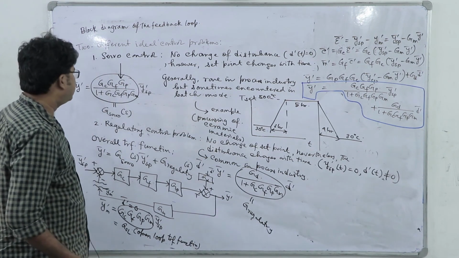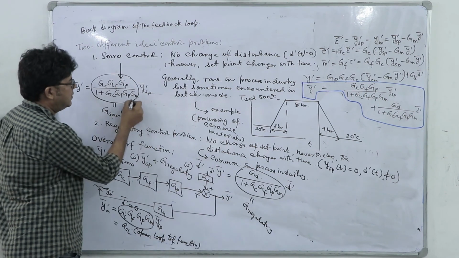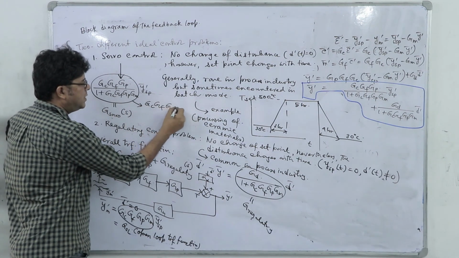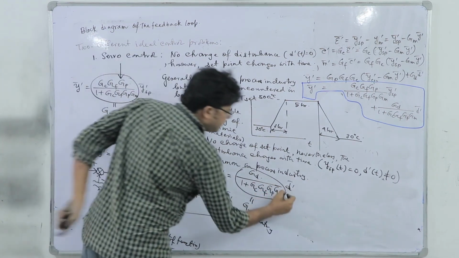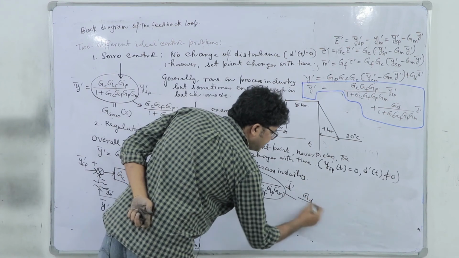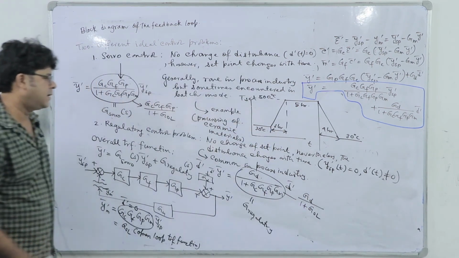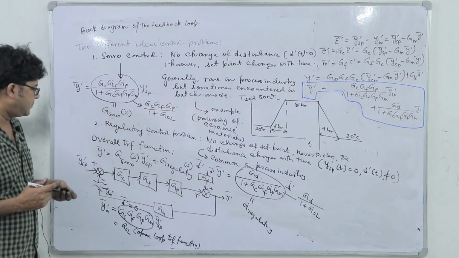So in a sense, this becomes Gc into Gf into Gp divided by 1 plus GOL, and that is also Gd divided by 1 plus GOL. Correct?